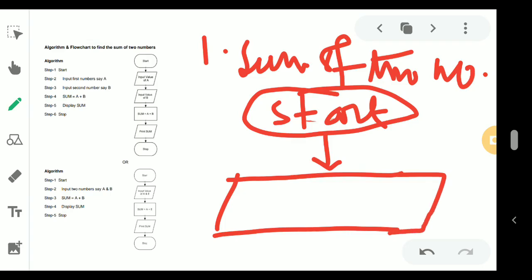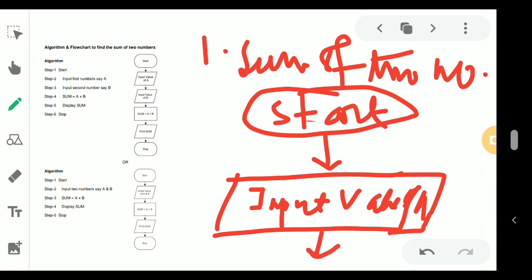Here we require a parallelogram. Whenever there is an input or an output display, we have to use a parallelogram. So we write input value of a. We have taken the input of a.